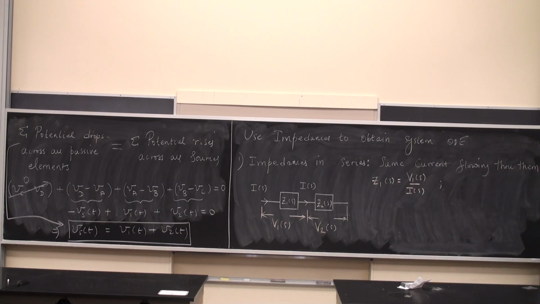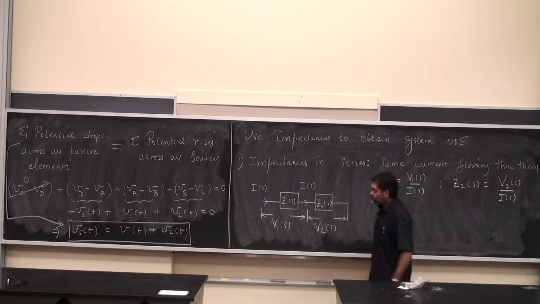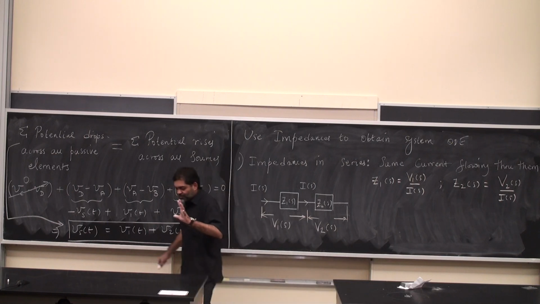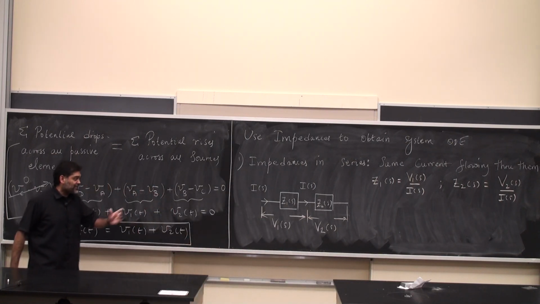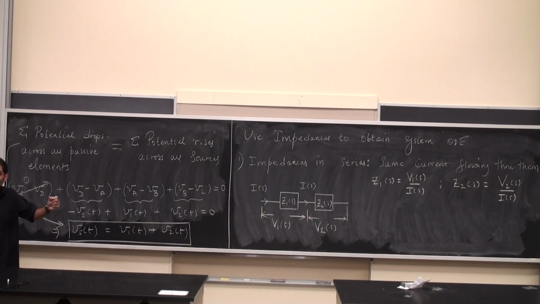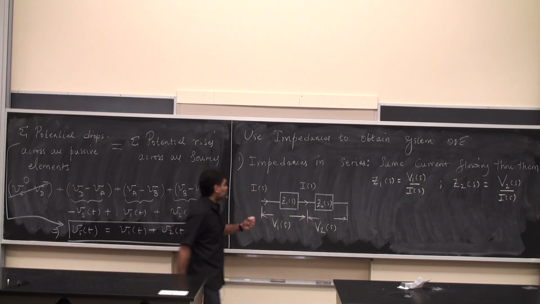Okay, and then Z2 is the voltage across that element divided by the current flowing through it. This is a lot of work, right? So what we say is, if I see these two elements in series, or a set of them in series, scrunch them together into one and call it an effective impedance.